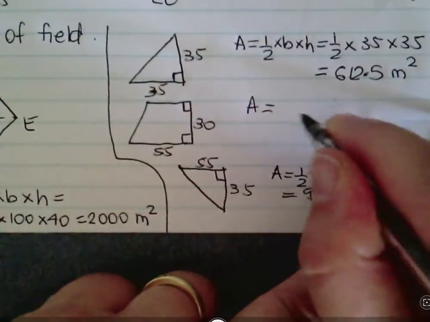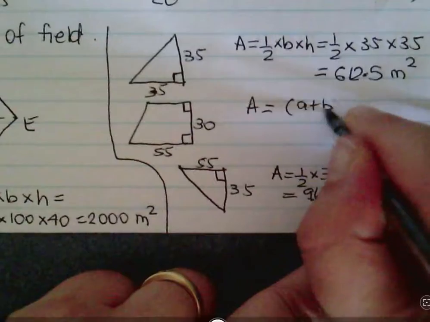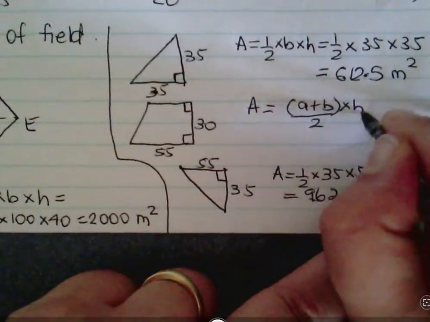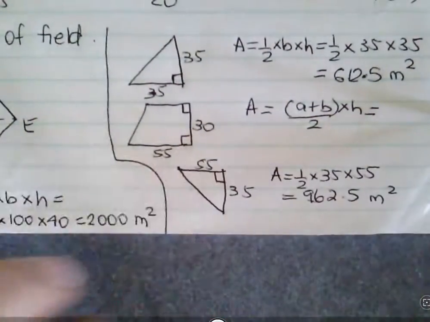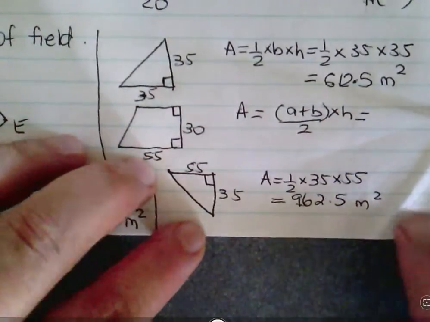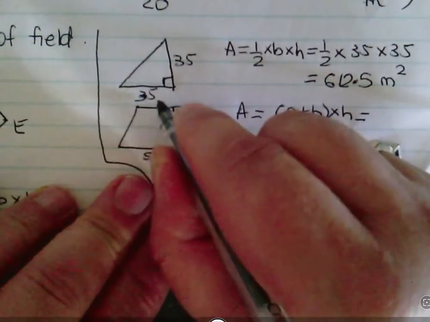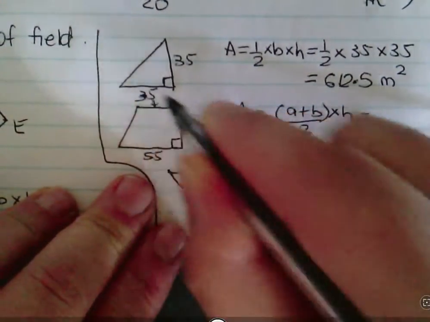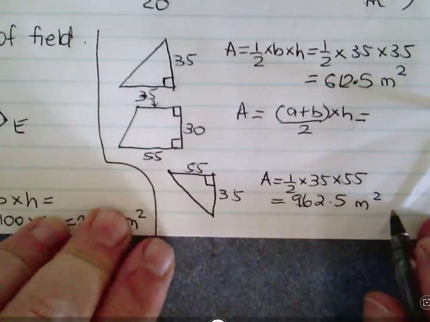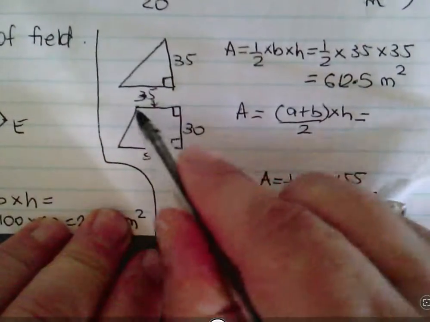What's the area of a trapezium? We did it last lesson. A plus B over 2 times H. Now what's your A and B? Guys, that's 35 as well. So this is a trapezium, guys.